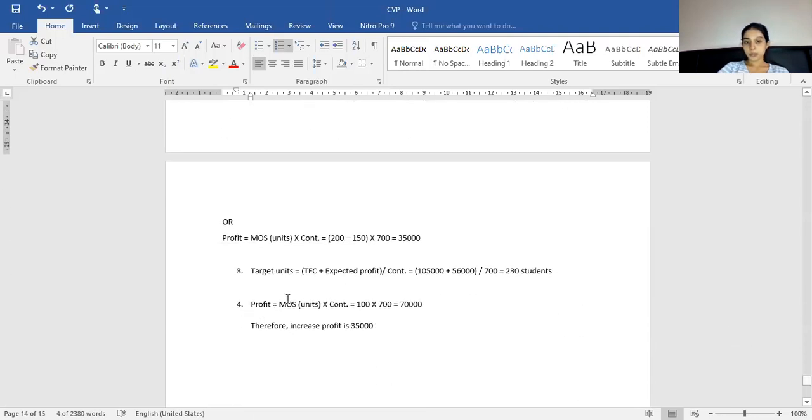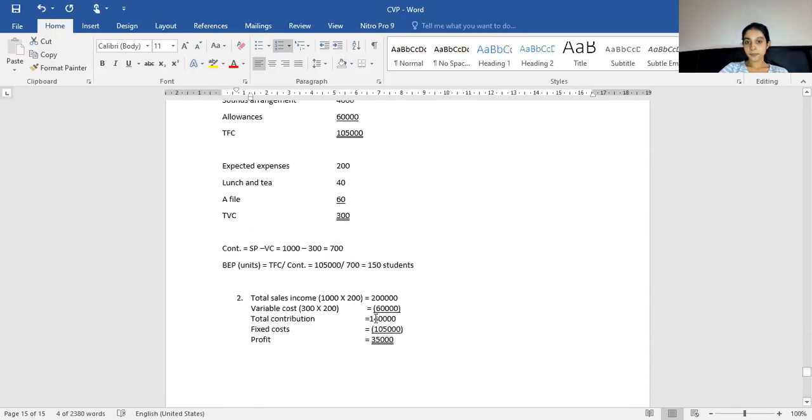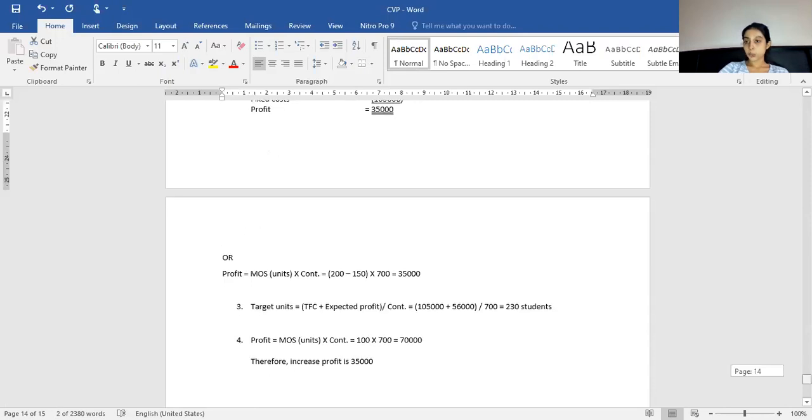Profit equals MOS number of units into contribution. So how do we calculate the MOS number of units? Expected number of students are 250, and our break-even number of students is 150.